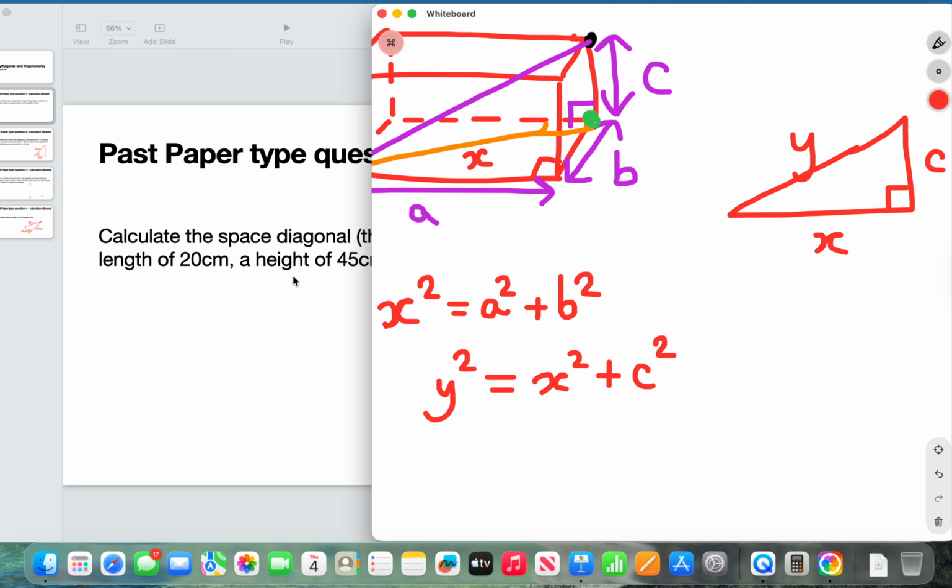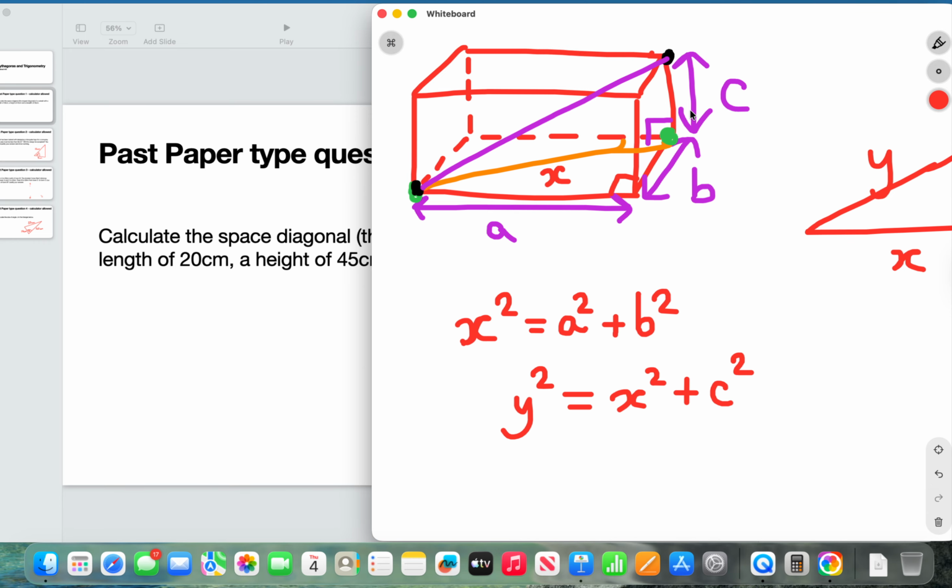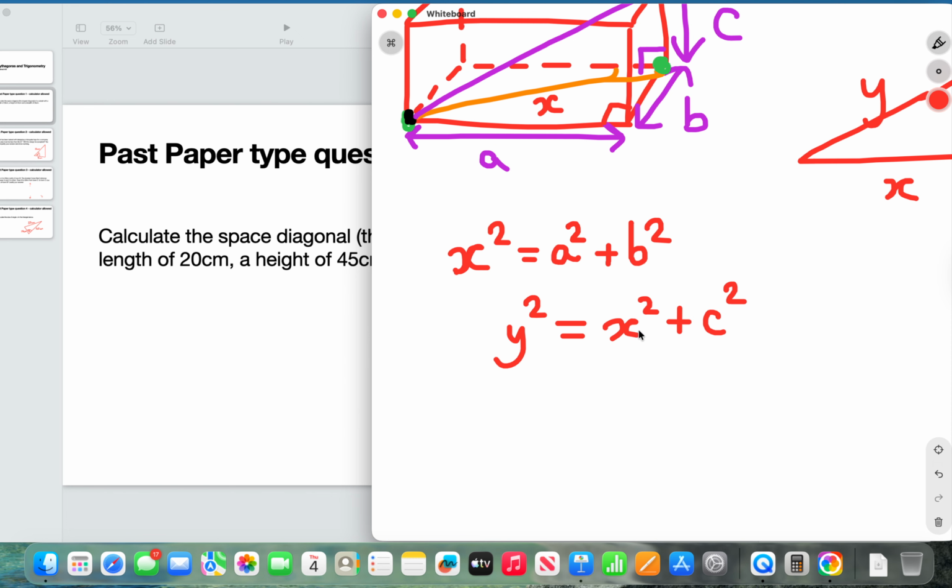But in the question we're given A, B and C, and it does not matter the order, because we can then switch x squared for a squared plus b squared, and we get y squared equals a squared plus b squared plus c squared.